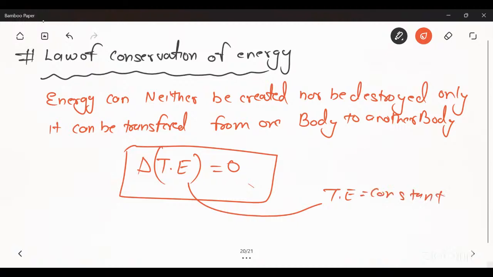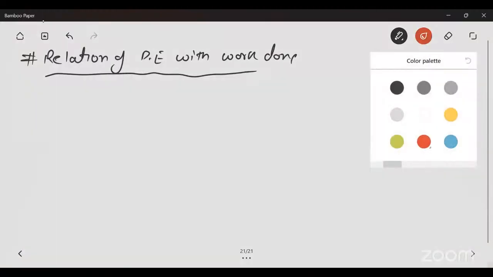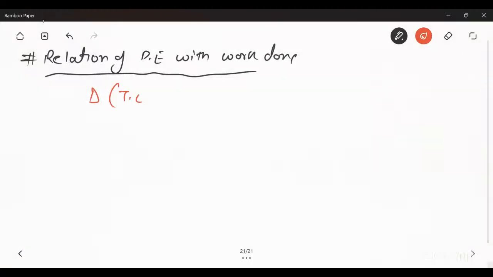So from that we will derive a relation between potential energy and work done. We know that the change in total energy is 0 because total energy is constant.